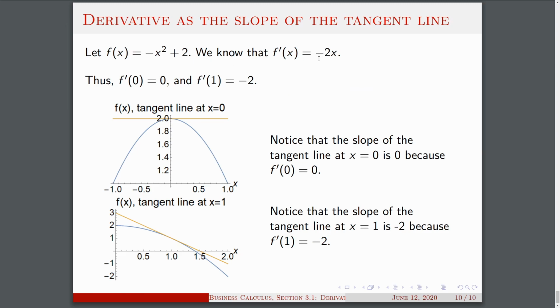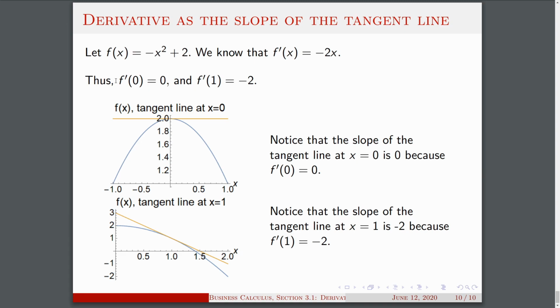Then what's the derivative? Well, we use the power rule, and this 2 comes out in front, and we have minus 2x to the first power. This just goes away because it's a constant, and the derivative of constants is 0. So the derivative is negative 2x.